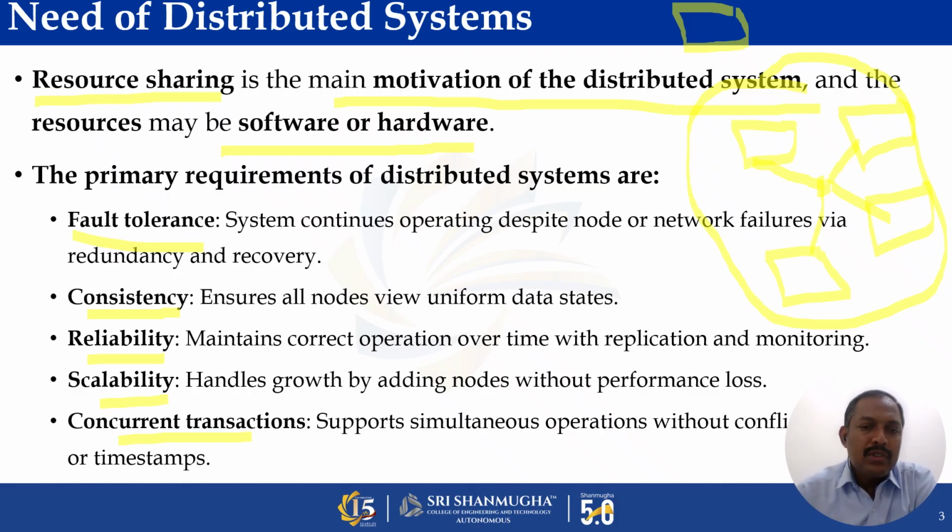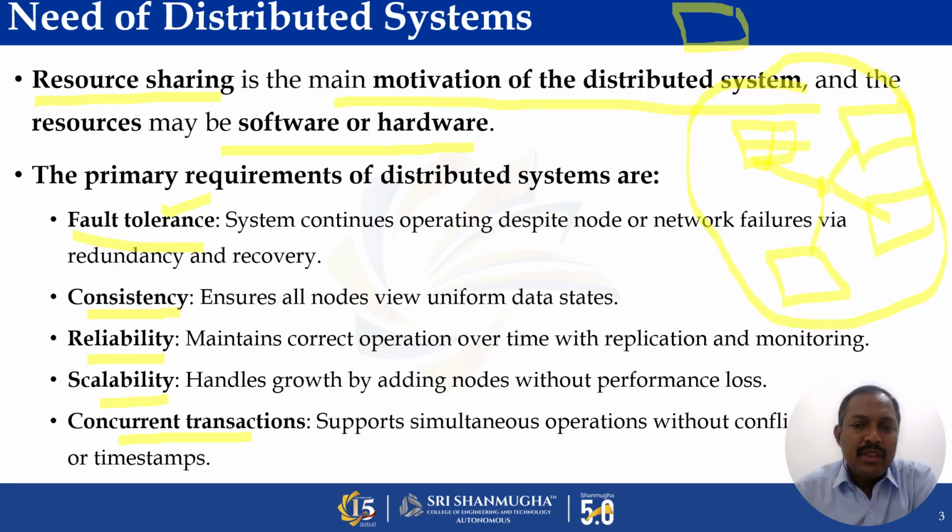First one, fault tolerance. The system continues operating despite node or network failure via redundancy and recovery. We have multiple systems. Even though a system has failed, the remaining systems are going to work concurrently to solve the given problem. So this is fault tolerance.